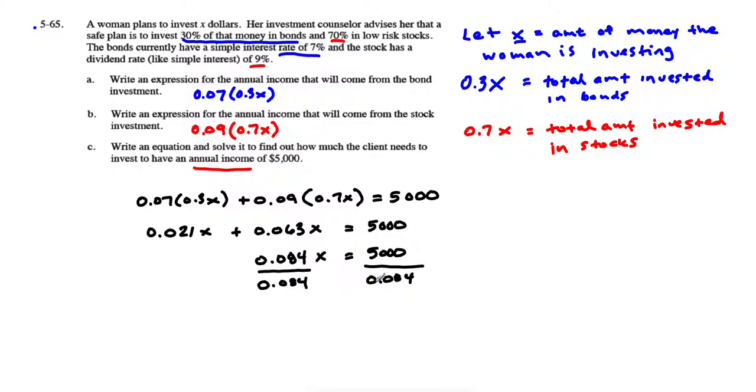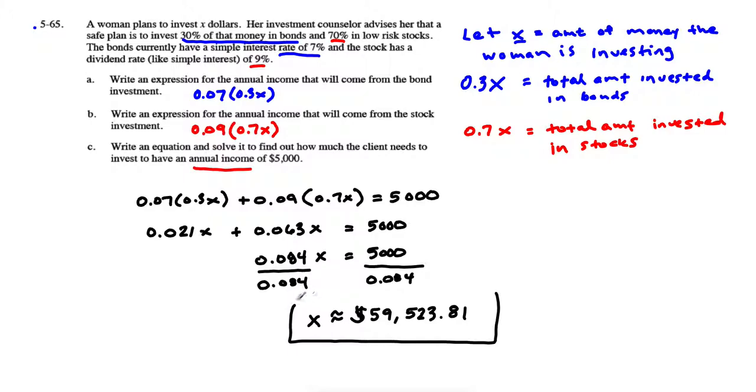So when I do 5,000 divided by 0.084, I should end up with approximately $59,523.81. Looks like pretty good income to me.